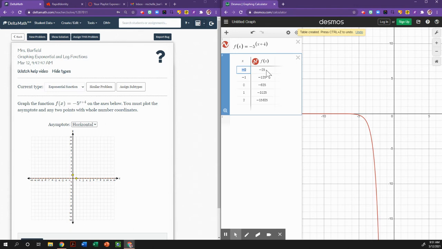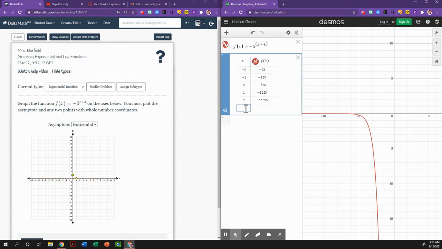All right. So now you can see I've got all these crazy values. See how it says -2 is -25, -1 is -125? It's because Desmos always fills in the table as -2, -1, 0, 1, 2. But if I look at it, as I go from 2 to 1, these values are getting closer to 0.